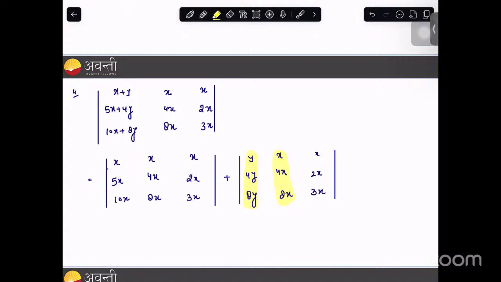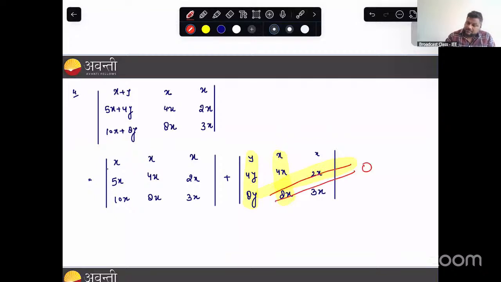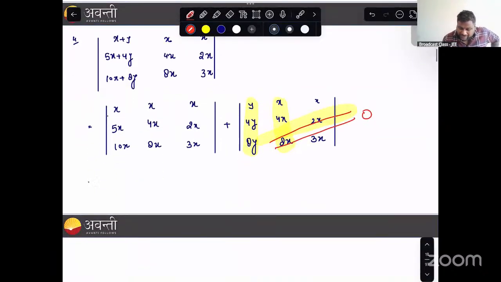And in a determinant, if two columns are identical, its value goes 0. So this particular one goes 0. Now the first one I'm left with. Take x common from each row. This is 1, 1, 1, 5, 4, 2, 10, 8, 3.